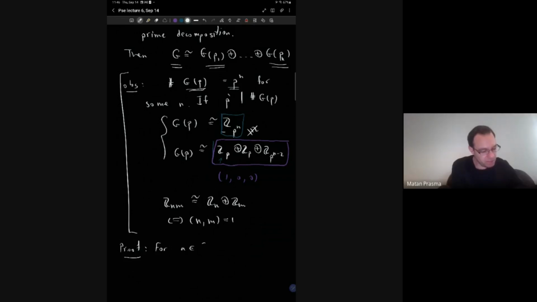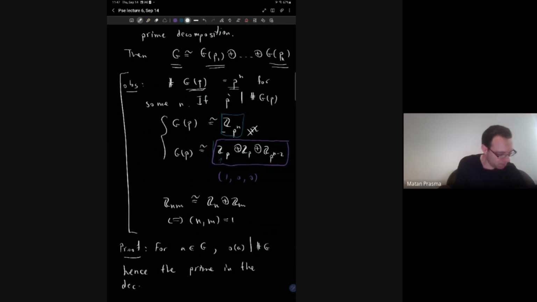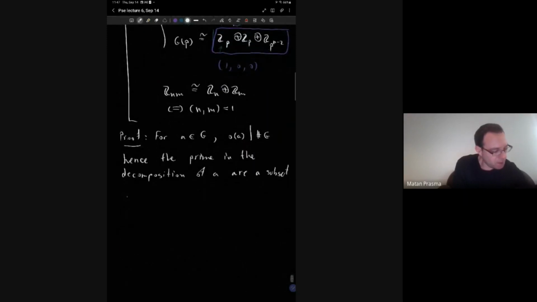So we take an element a in G, and we know that the order of this element must divide the order of the group G. Hence the primes in the decomposition of the order of a are a subset of p1 up to pk.